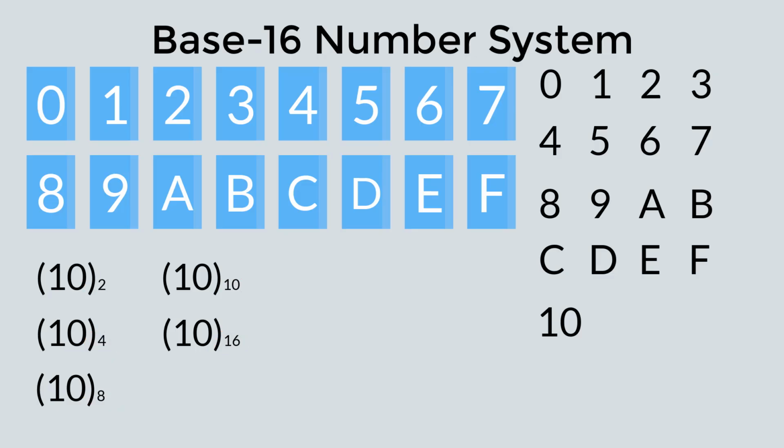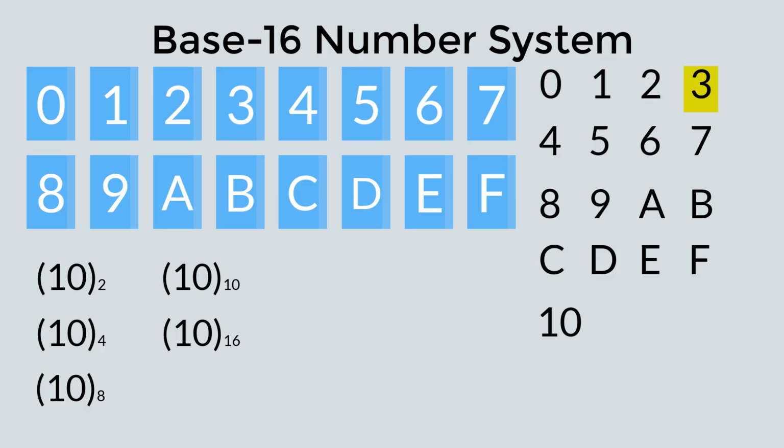The intuition behind counting in different bases is that every base is just a different grouping system. Base 10 groups things in 10s, base 2 groups things in 2s, base 8 groups things in 8s, and base 16 groups things in 16s.